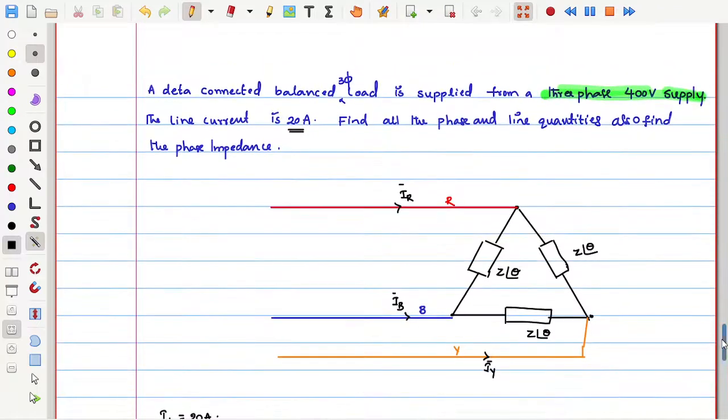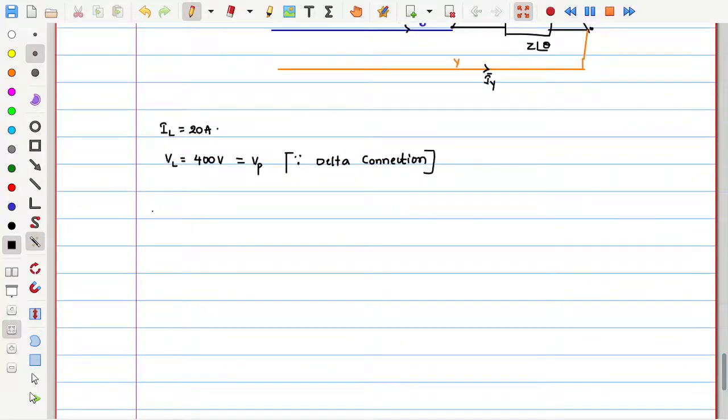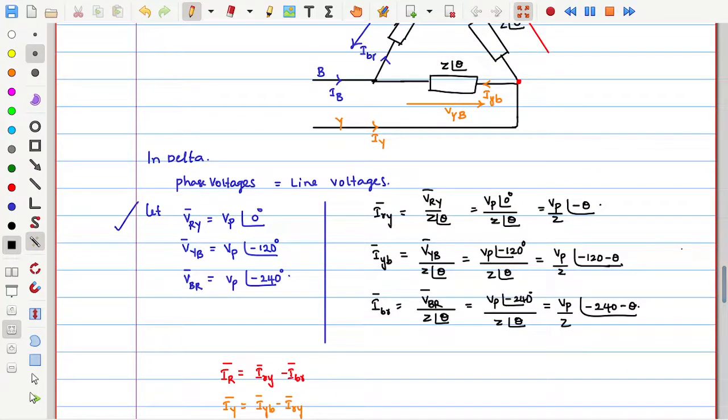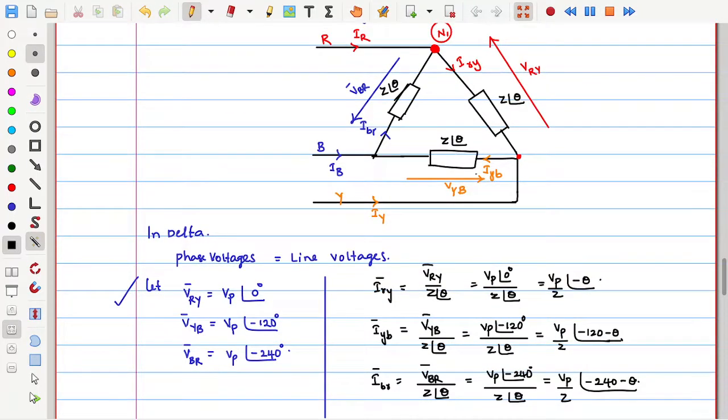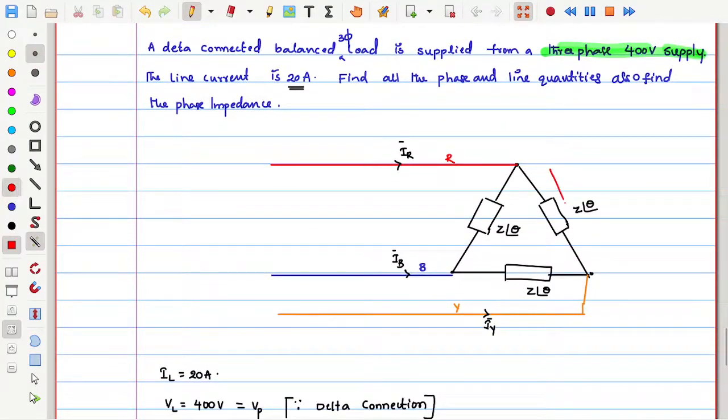What else is given? That's all. Now we need to do a lot of work. Now I know the line and phase voltage magnitudes are the same. Since it is a balanced system, I can use the same notations as above, RY, YB and BR. Let me write this as V_RY, whose current is I_R2Y.